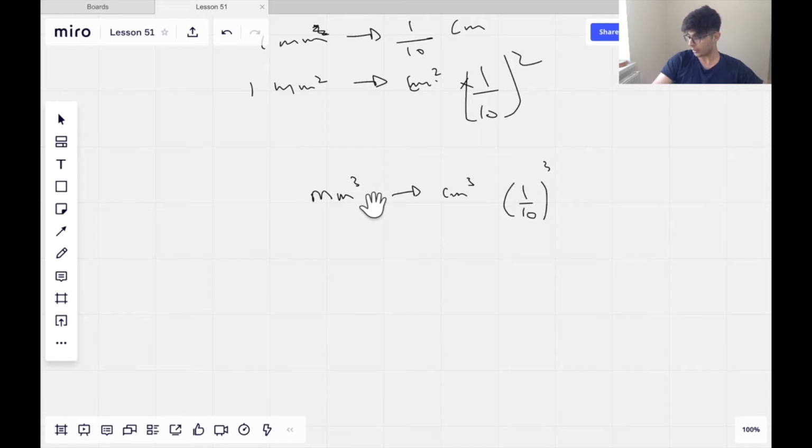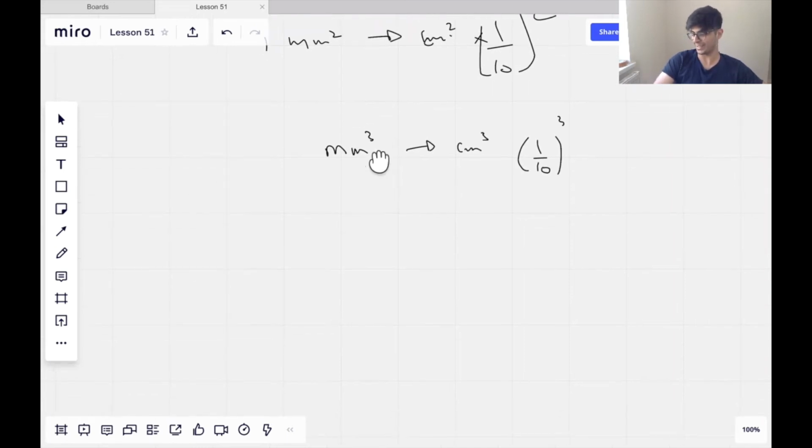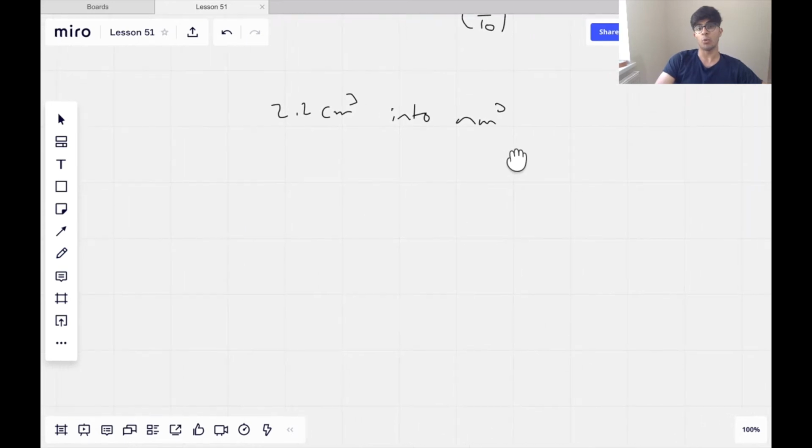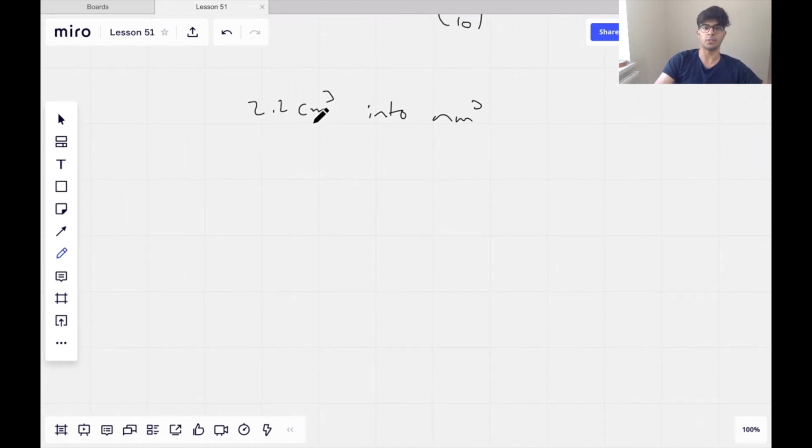So if I ask you to convert 2.2 cm cubed into millimeters cubed, what you do here: cm to millimeters, we times by 10, but since it's cubed, we times by 10 to the 3.